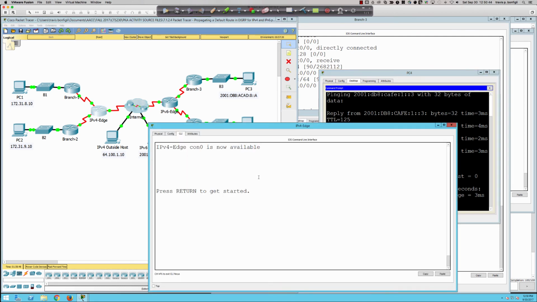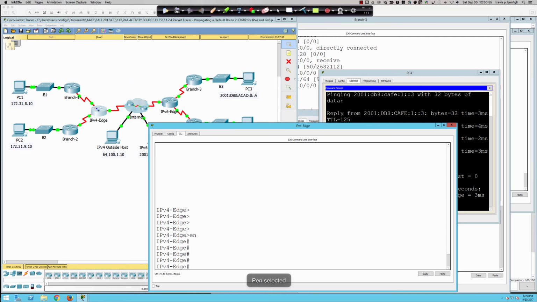I could come to the edge router, and in some instances, there could be a use case where you want the default route to be advertised here, right? Because maybe this is a research and development network, and you do not want that default route to be advertised down here.